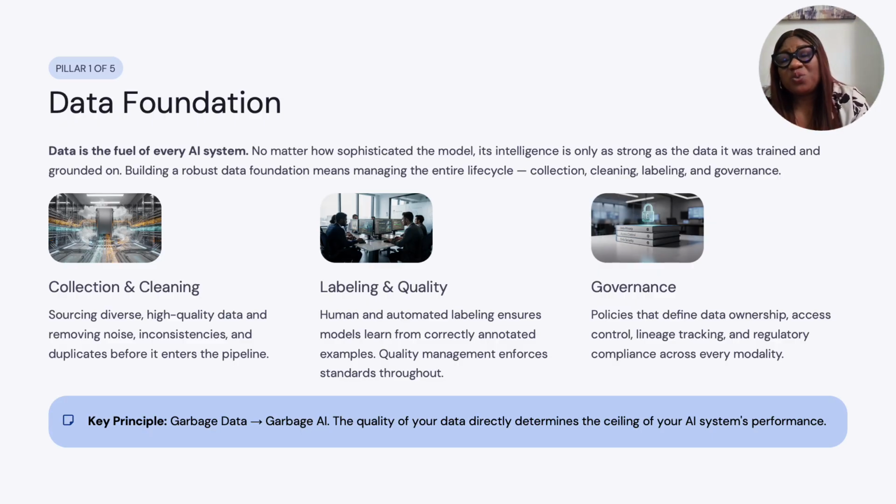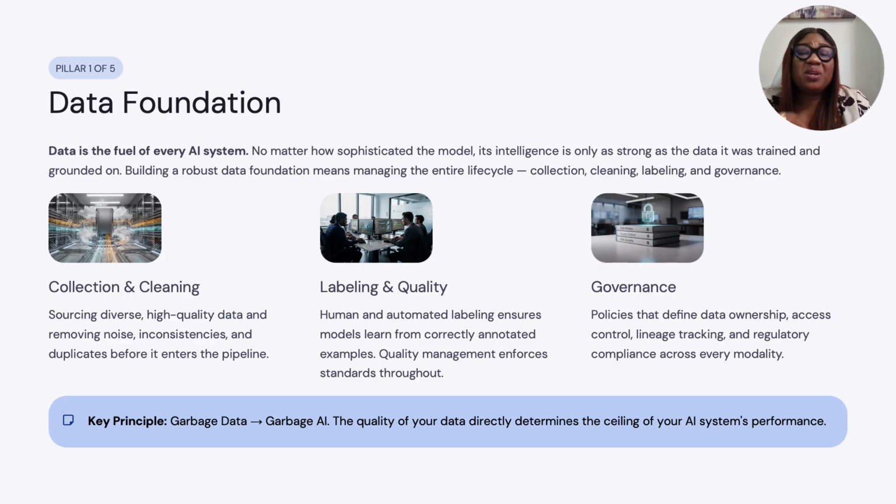There is a famous principle in AI that says garbage in, garbage out. If poor data enters the system, it will provide poor results. So the quality of the data determines the maximum intelligence your system can reach.